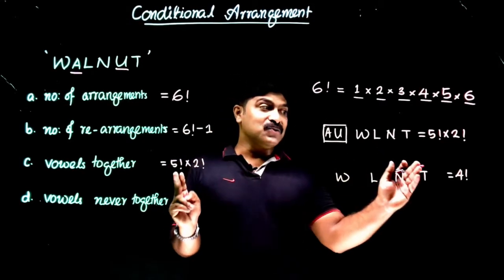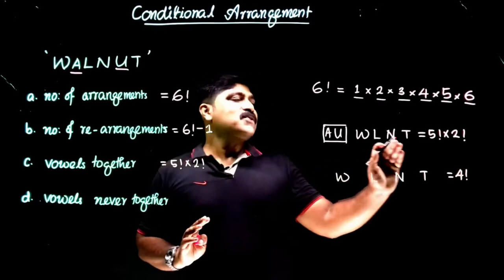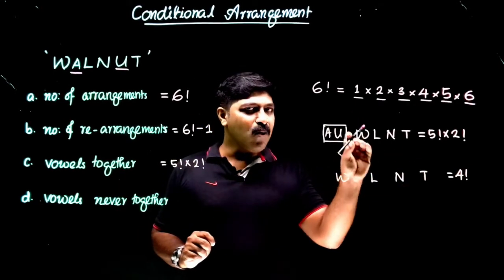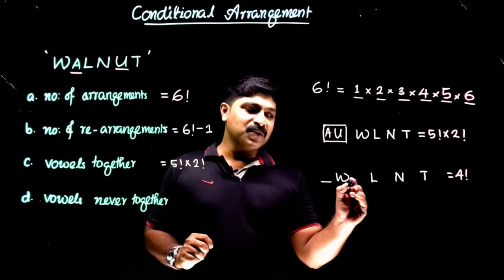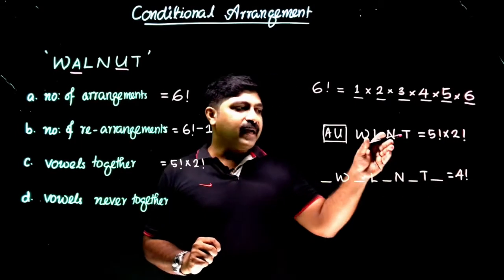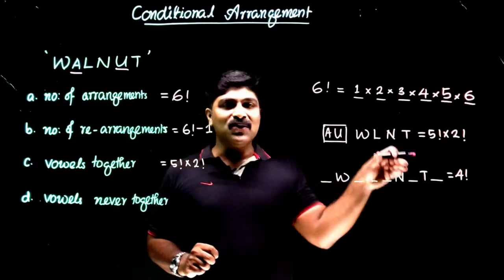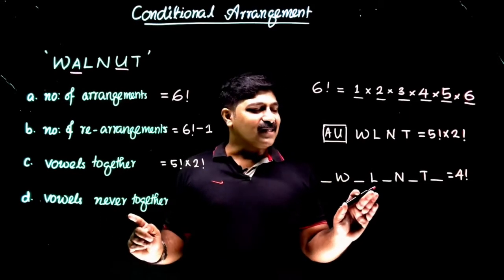In addition to this, that's the very important point. After this arrangement, how many alternate places occurred here? Alternate in the sense, while we are arranging these places, the given consonant should act as an insulator because our requirement is vowels never together.